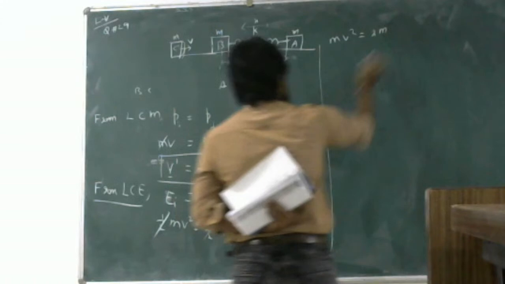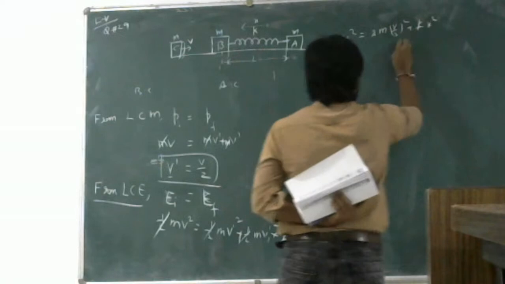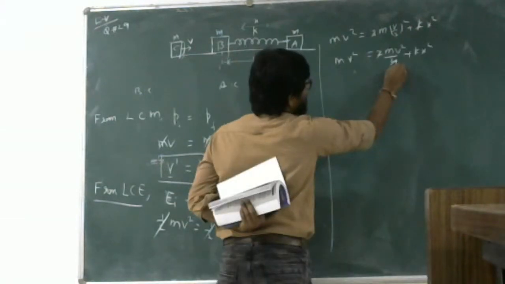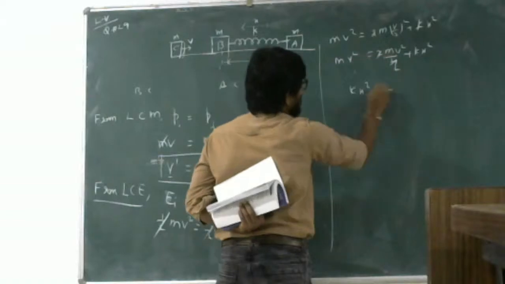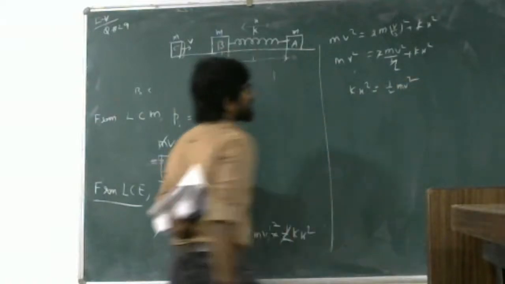So v by 2 whole square plus k x square, which becomes m v square by 2 and k x square is equal to m v square minus half m v square, that is half m v square. Is it clear?